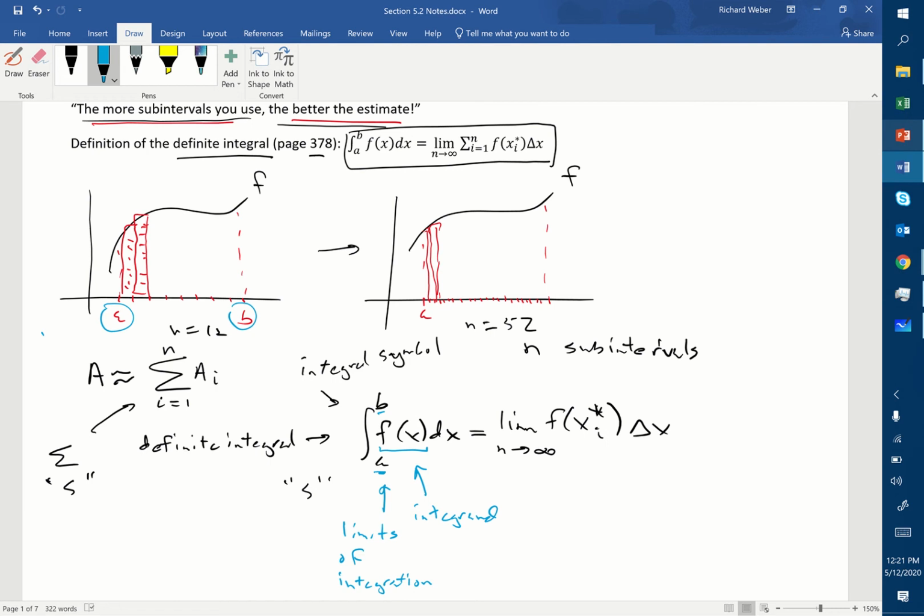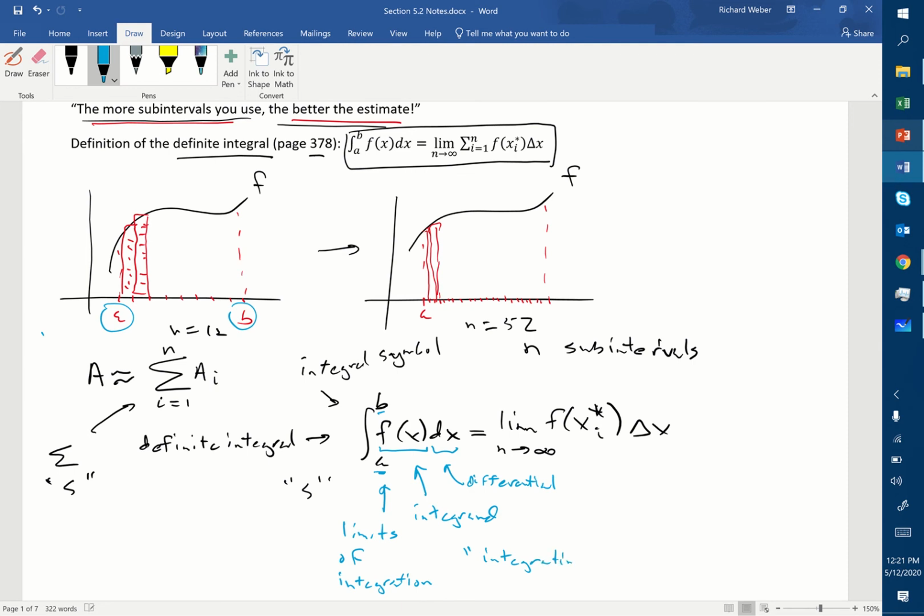And then the dx here is basically your differential. A lot of this might be symbolic, but what it really says is we're integrating with respect to x. Okay, we talk that way too.